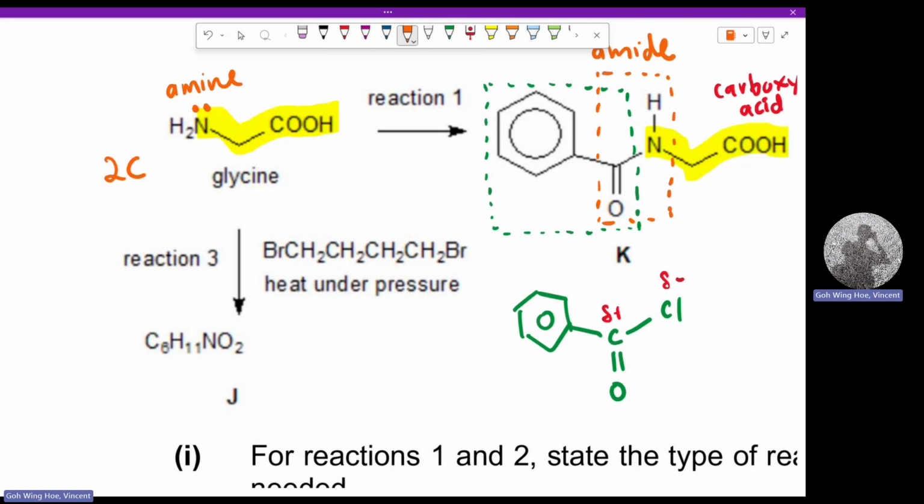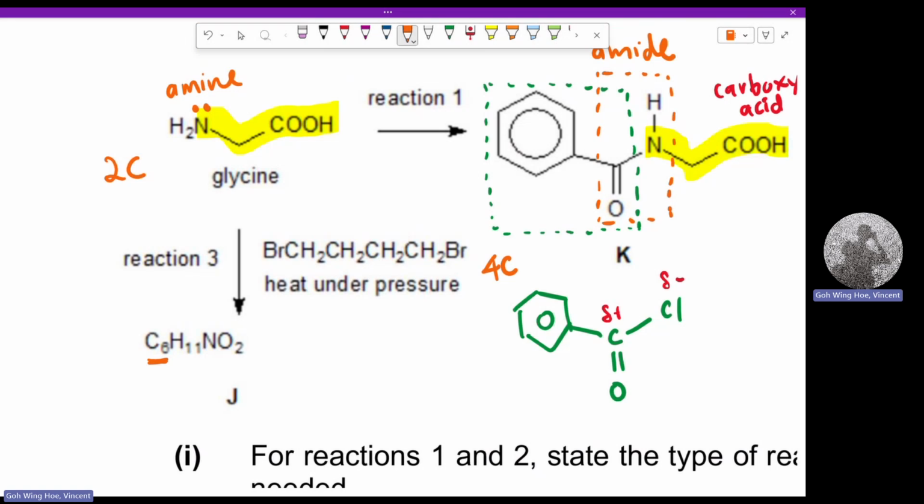And you notice that next to the arrow for reaction 3, we have 1,4-dibromobutane, which contains a total of 4 carbon atoms. So I think that would help us figure out that there are no other reactants that contain carbon atoms involved over here.